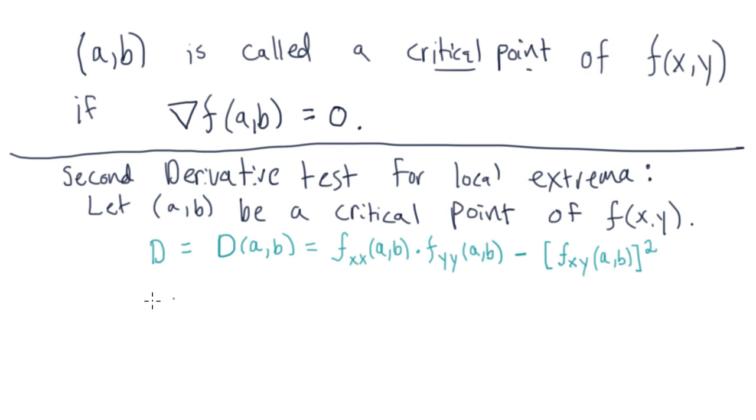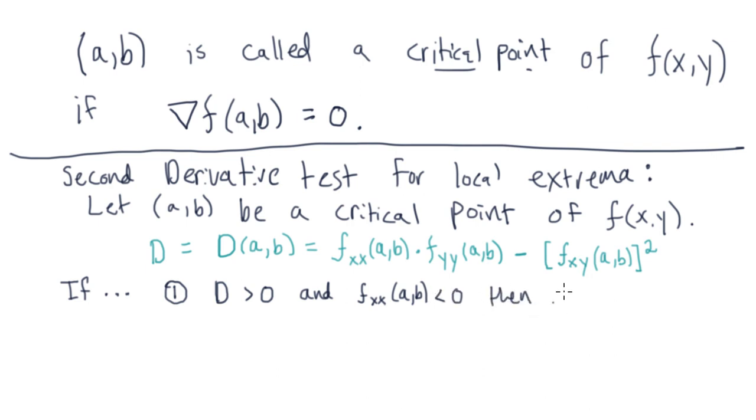So here is the deal. First, if D is greater than 0 and f_xx of (a, b) is less than 0, then f(a, b) is a local max.